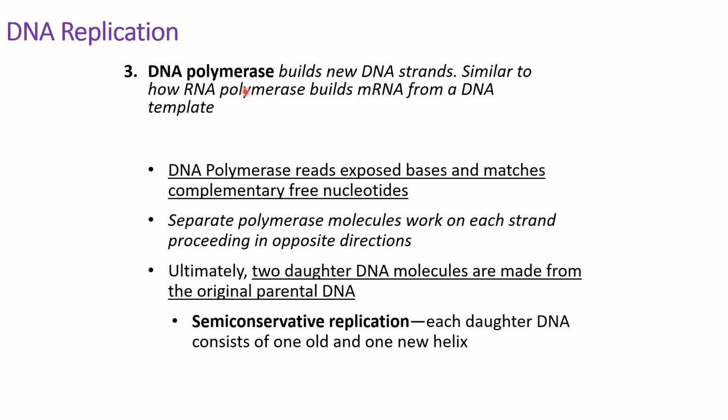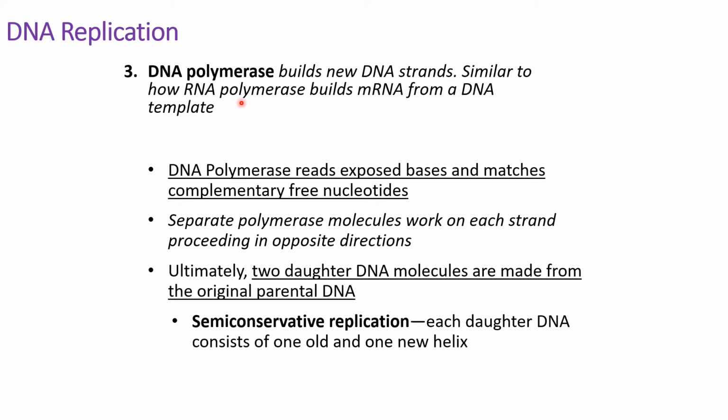The next step is that we're going to have another important enzyme. This is called DNA polymerase. You want to compare that to another enzyme we've already talked about called RNA polymerase.